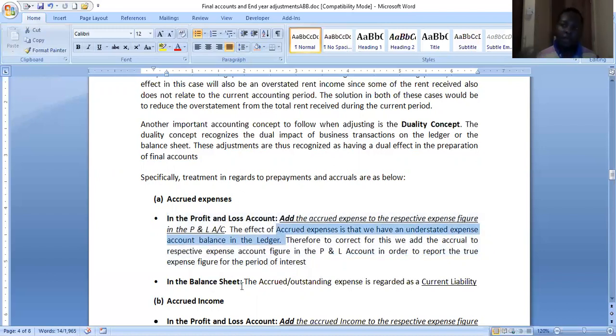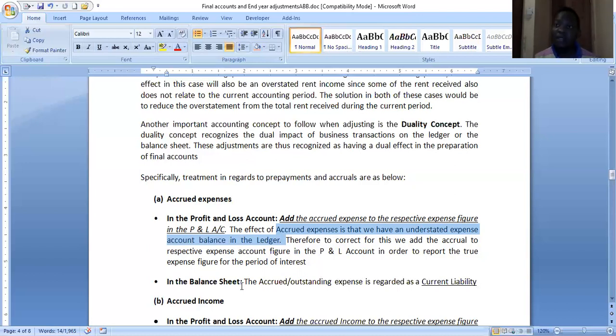So how does this result? It happens that we normally record in the books of accounts when an activity has taken place, when you have paid. So for expenses, we only enter in the books when we have paid for the expense. But if you have not paid for this expense, which you are supposed to pay, it means that there is no entry in the ledger.